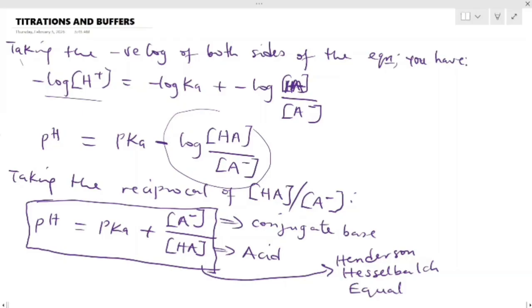So we succeeded in showing you how we get the Henderson-Hasselbalch equation.